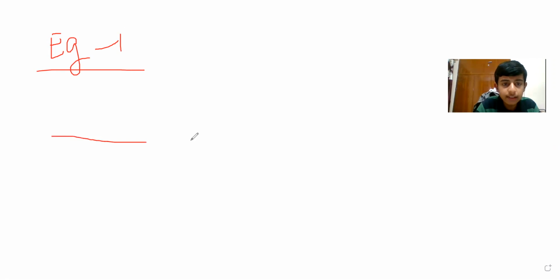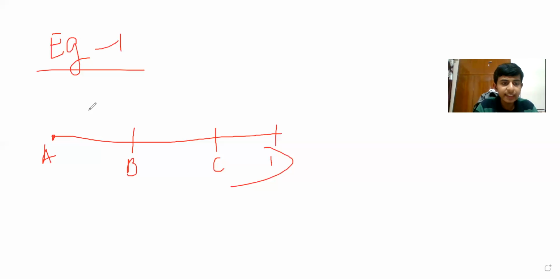We can see this: this is point A, then this is B, C, and D. This is 10 meter, 10 meter, and 10 meter. Now, what do you think will be the distance and the displacement in this case?